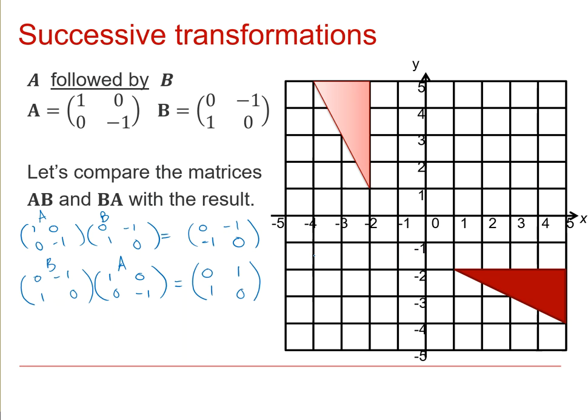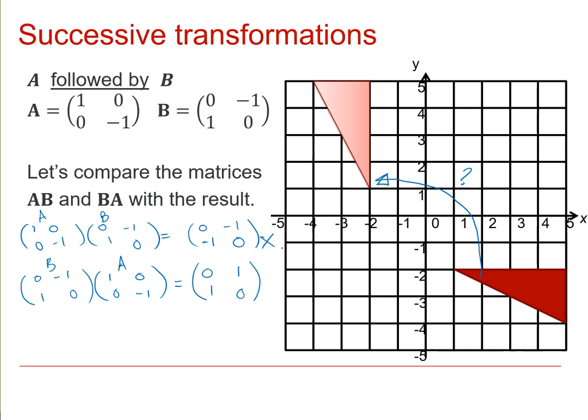So which one of these could represent the transformation from this directly to this? You should be able to see that the first case doesn't work.